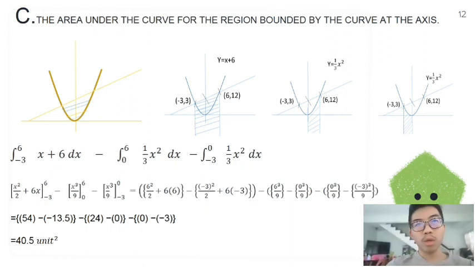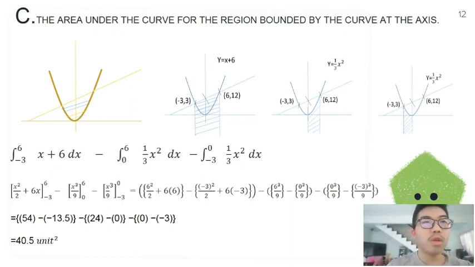And then we continue to do the integration. First, we get x power of 2 over 2 plus 6x, with limits 6 and -3, and then we minus x power of 3 over 9 with limits 6 and 0, and minus x power of 3 over 9 with limits 0 and -3.